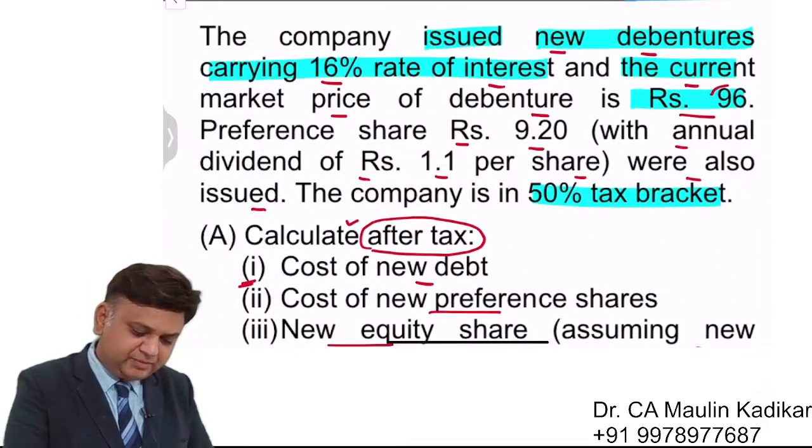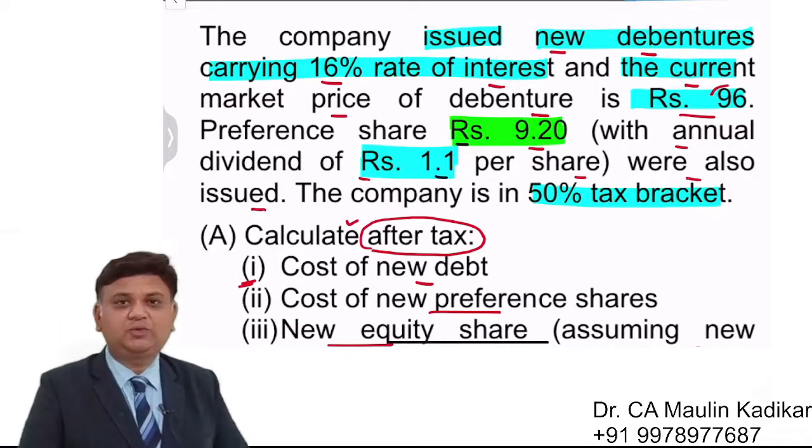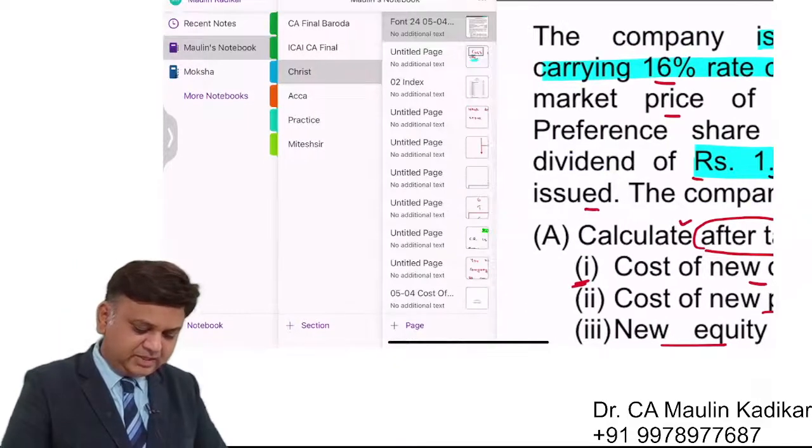So the amount of the preference dividend is 1 rupee 10 paise, and issue price of the security is 9 rupee 20 paise. So taking both of them into account, we'll calculate the KP.